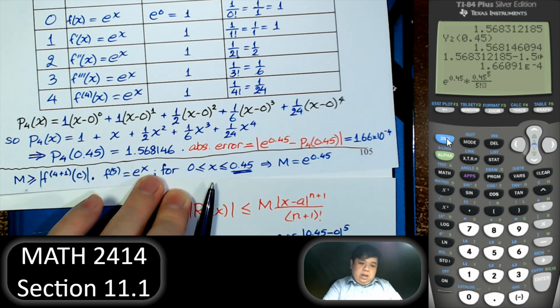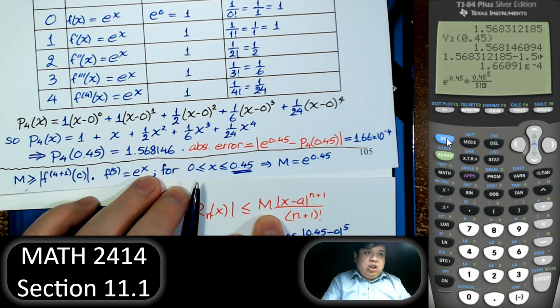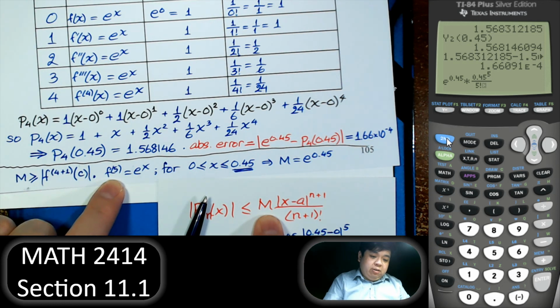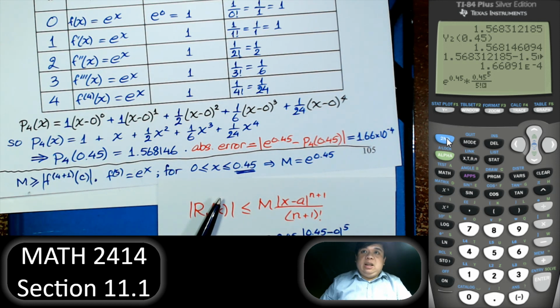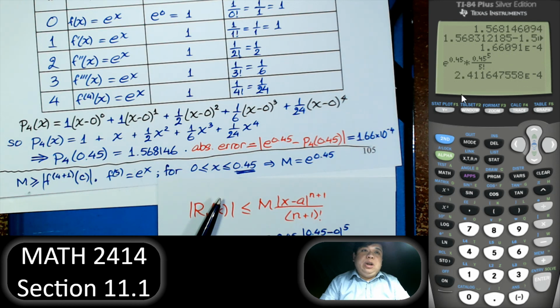So the worst case scenario, the maximum of the derivative is that, and we have just put everything in here. The worst case scenario will be no more than this.